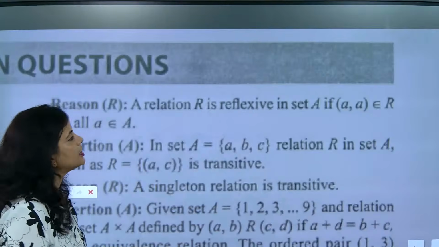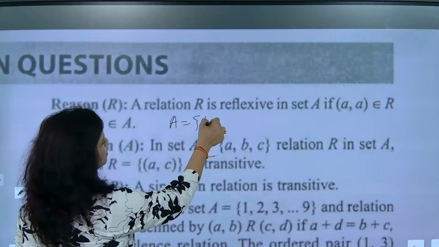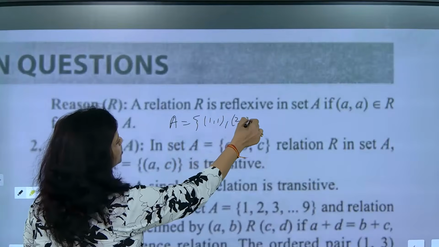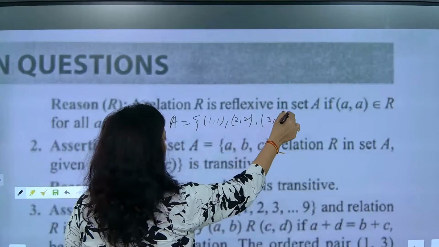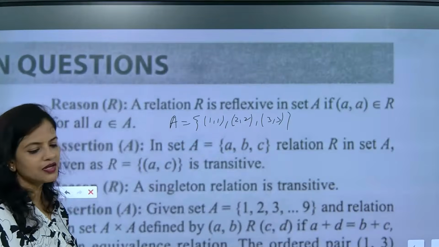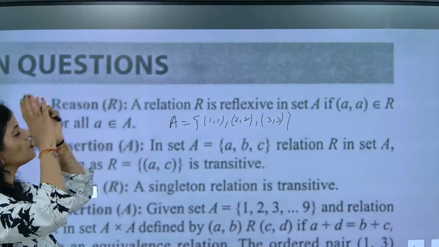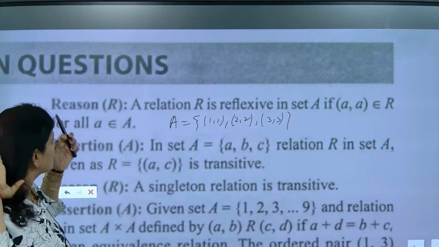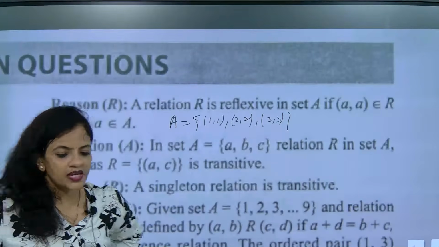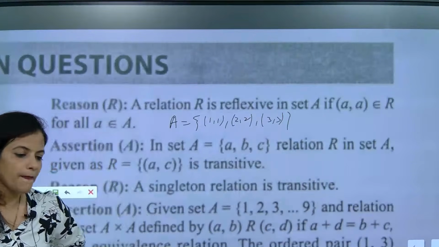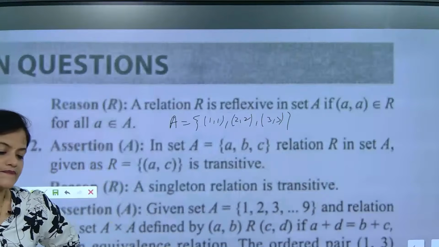Okay? Got it? So if somebody writes A = {(1,1), (2,2), (3,3)}, someone tell me, is it transitive? Come on, say the answer.